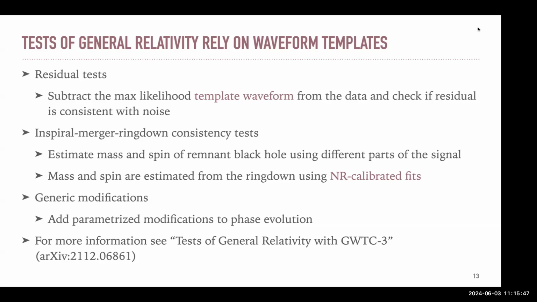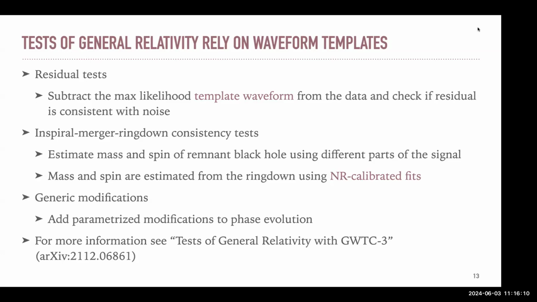Inspiral-merger-ringdown consistency tests, or IMR consistency tests. One of the things about the no-hair theorem is that we can connect the mass and spin of the initial black holes, which describe the inspiral, and predict what the final black hole should look like. And that entirely describes how the gravitational waves of the ringdown should look.